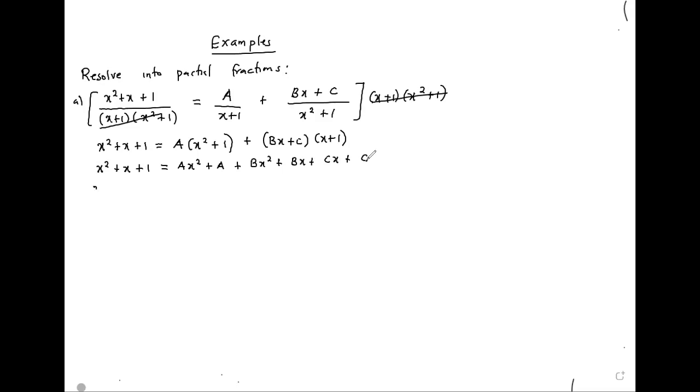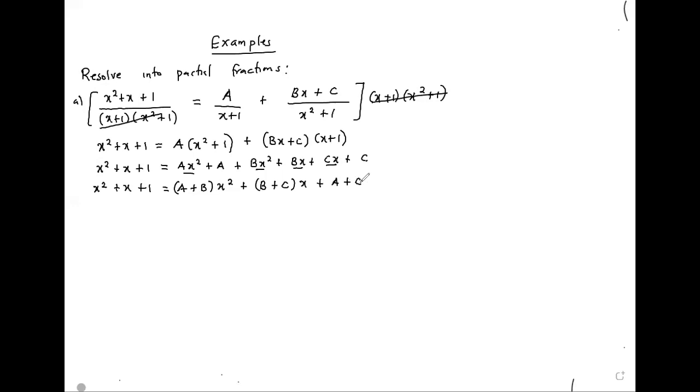So now on the left, we have x squared plus x plus 1. We put the x squares together. So we have a plus b x squared plus b plus c x, bx plus cx. Since x is common, you factorize it. And then plus a plus c, the constant.